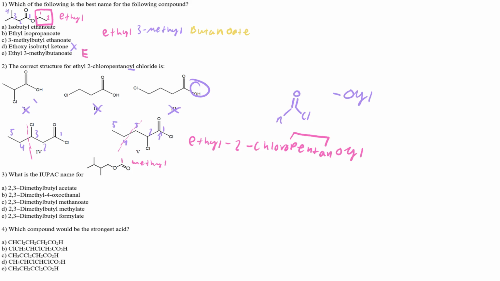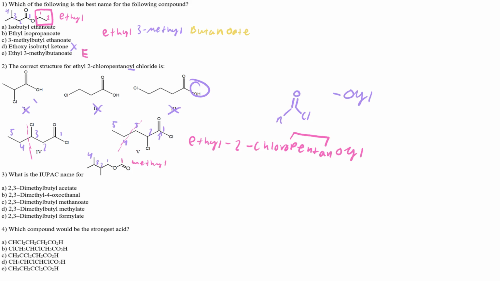Okay. But what about my longer chain? My longer chain has how many carbons? We have 1, 2, 3, and 4. Okay, so for sure I know that I'm going to have butyl something. On the third carbon and the second, we have methyls. Okay, so what do I start putting first? My shortest chain first, right?